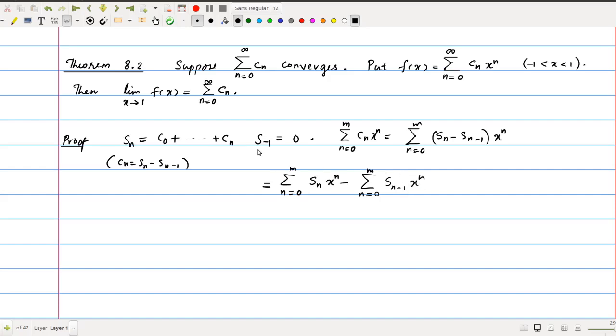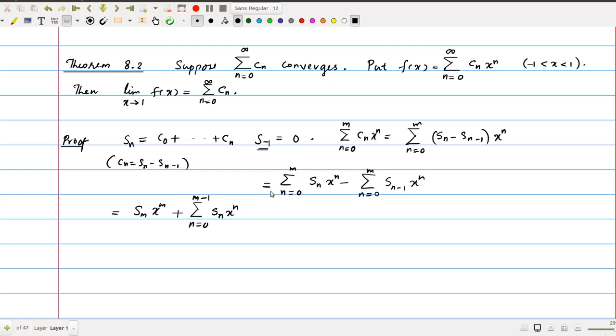We have already defined s minus 1 equal to 0 here, and we rearrange the first sum by taking one term from it. You can write this as Sm times x raised to m. We extracted the last term of the first sum, so the remaining sum runs from n equal to 0 to m minus 1 of Sn x raised to n.